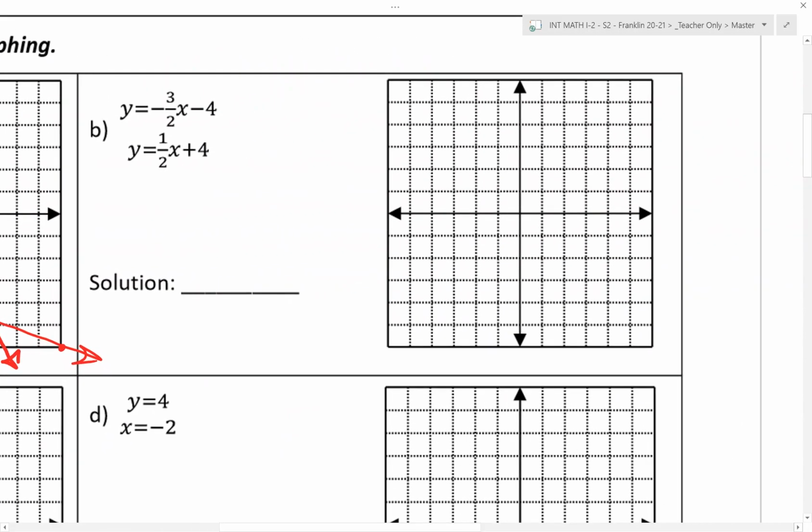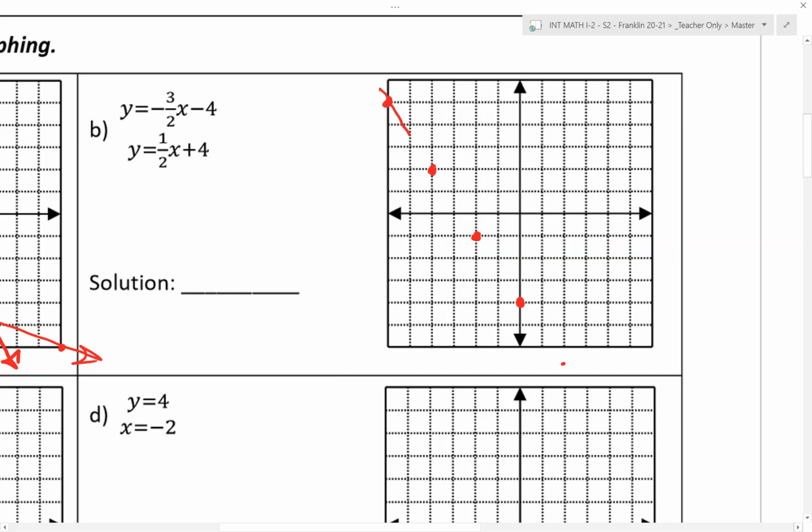Example B, y equals negative 3 over 2x minus 4, and y equals 1/2 x plus 4. So let's start with the first one. Down 4 on the y-axis. The slope is negative 3 over 2, so down 3, right 2. Kind of off the graph on this first one, so we can go backwards. Up 3, left 2. Do that a few times.